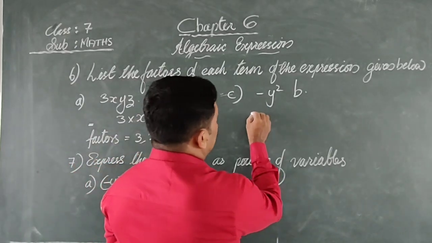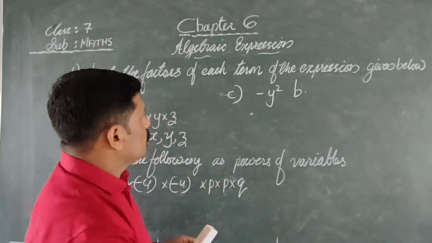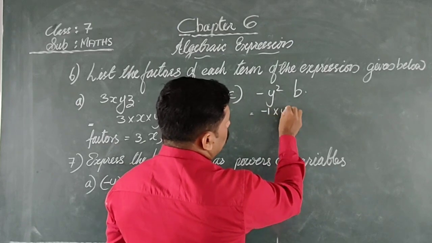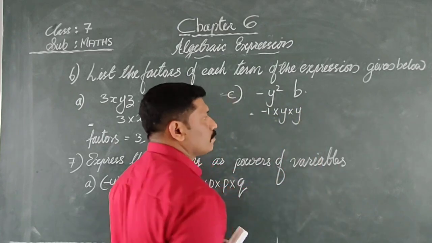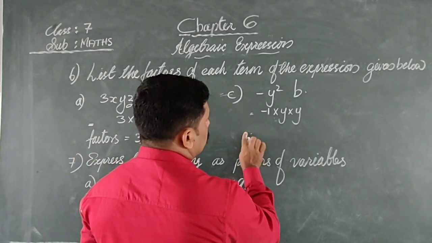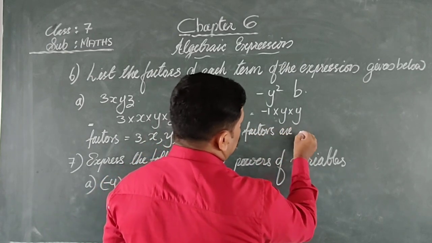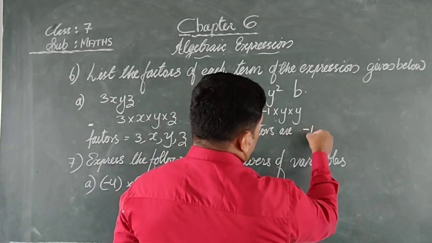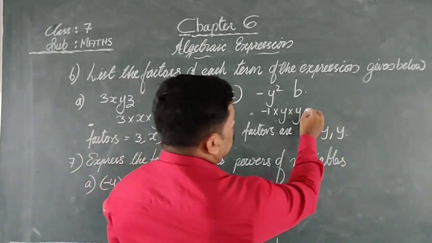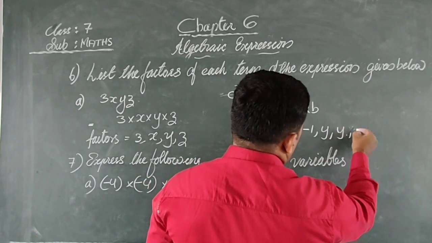And here you can see that the term is negative y square. That we can write negative 1 into y into y. So here the factors are negative 1, y and one more factor, that is b.